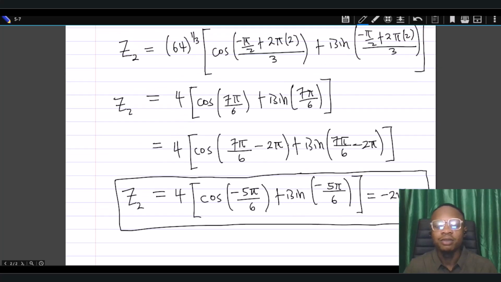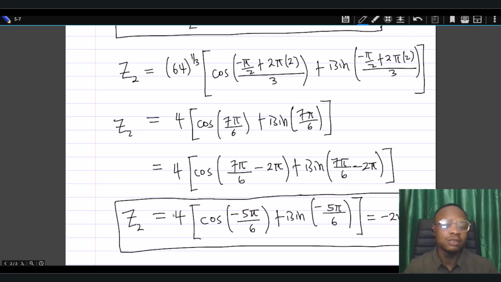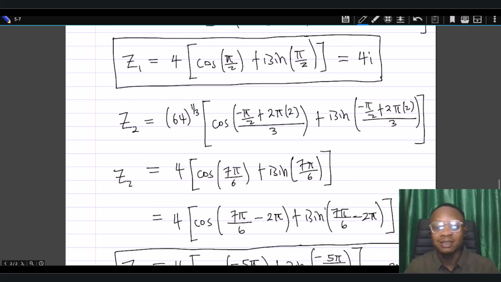If I'm going to raise it to the power of 3, we'll be raising this to the power of 3 as well. 4 to the power of 3 is 64. So this portion is guaranteed to give us 64. So that means if we raise this as it is here to the power of 3, we will be getting minus i from that, so that at the end of the day everything here will be equal to minus 64i.